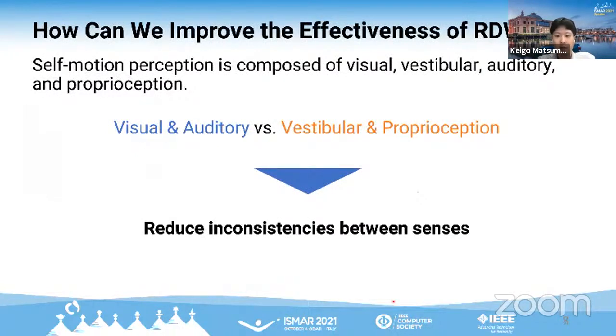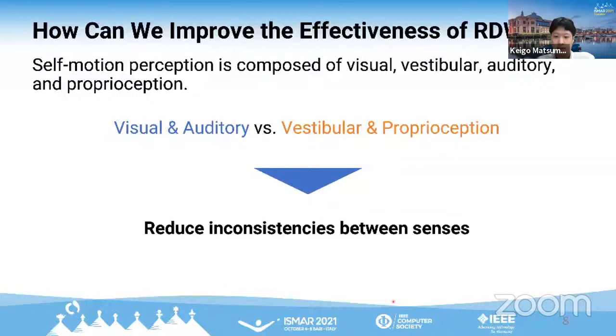Let's consider why we notice the manipulation of redirected walking in the first place. Our self-motion perception is composed of visual, vestibular, auditory, and proprioceptive senses. During the redirected walking manipulation, visual and auditory stimuli come from the virtual environment, the head-mounted display, while vestibular and proprioceptive stimuli come from the real space.